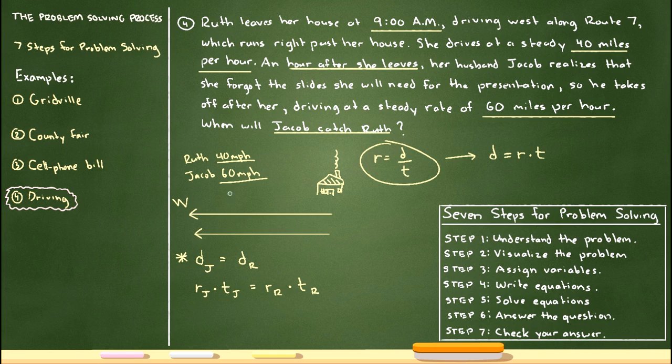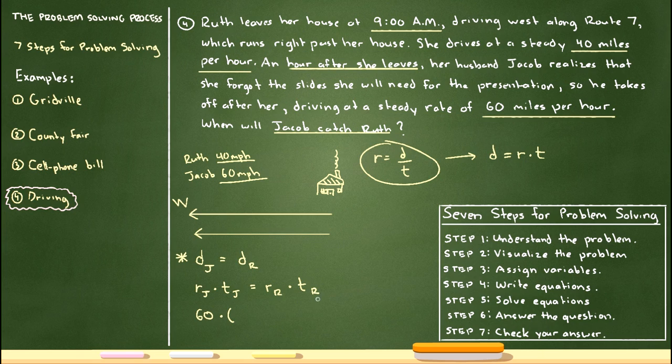Well, Jacob is going 60 miles per hour, so let me fill in a 60 here, times. Now, we refer back to the problem here. Jacob takes off after her. Okay. So an hour after she leaves is when Jacob leaves.